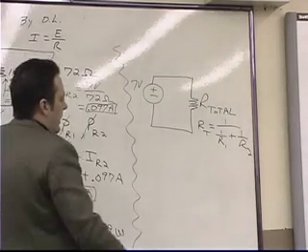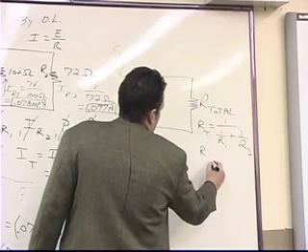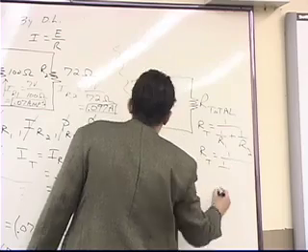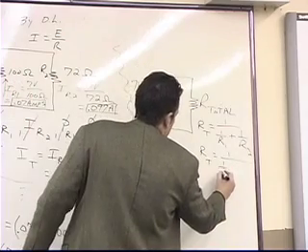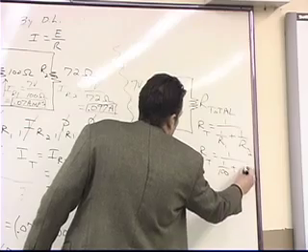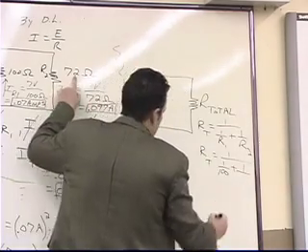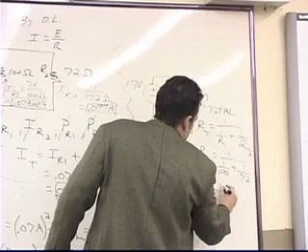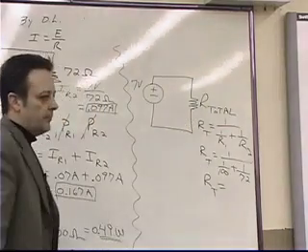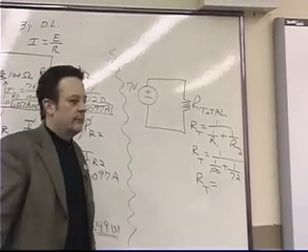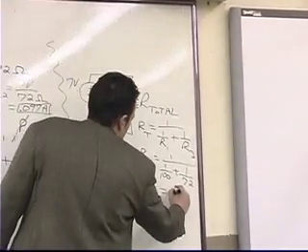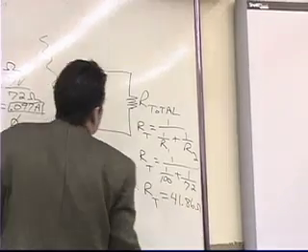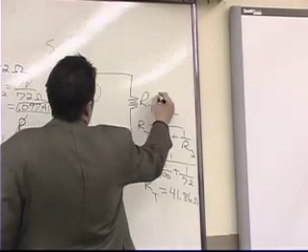And if I did that, R total would be equal to the inverse of 1 over 100 plus 1 over 72. So what do I get for R total? 41.86? That's what I got. 41.86 ohms.